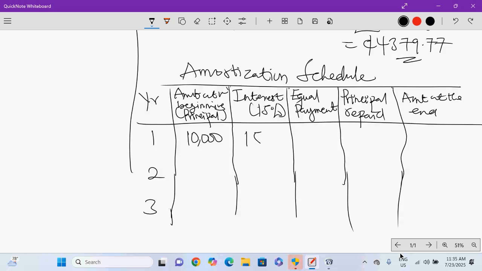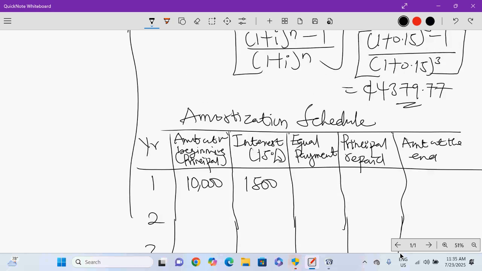Interest is 15%, giving us 1,500. What is the equal payment? We computed it: the equal payment is 4,379.77.